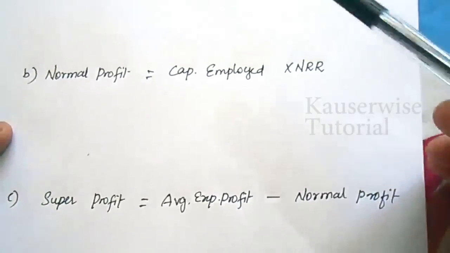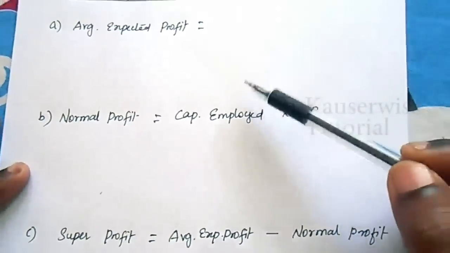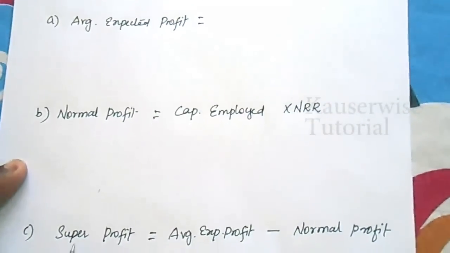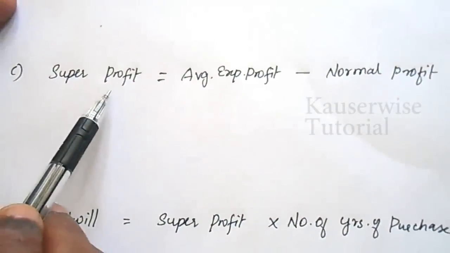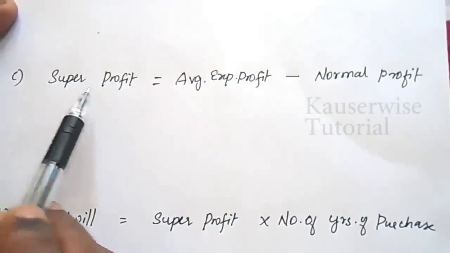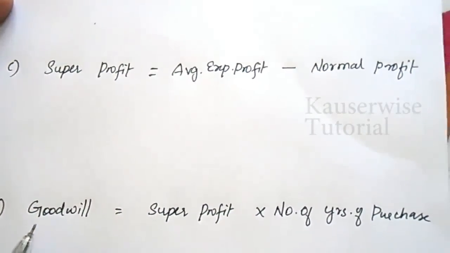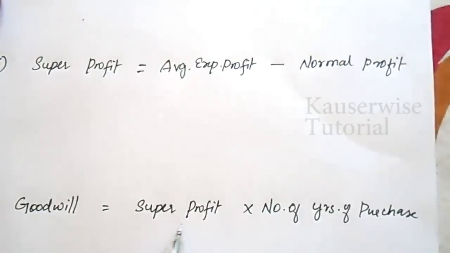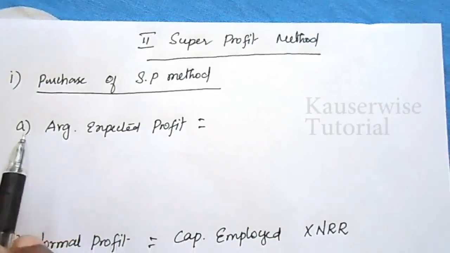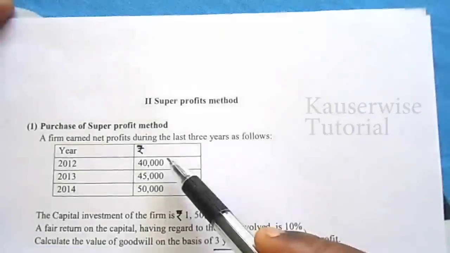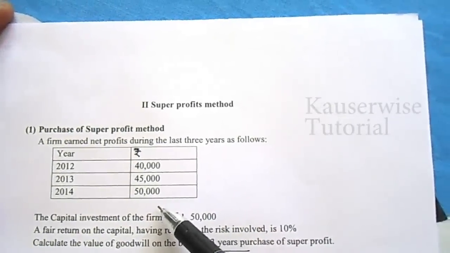The above two calculations we have found, no? The difference between these two is called super profit. After finding the super profit, just multiply the number of years of purchase with super profit in order to find the goodwill. So goodwill is equal to super profit into number of years of purchase. First calculation is calculating average expected profit. Take the total profit divided by number of years, 3.